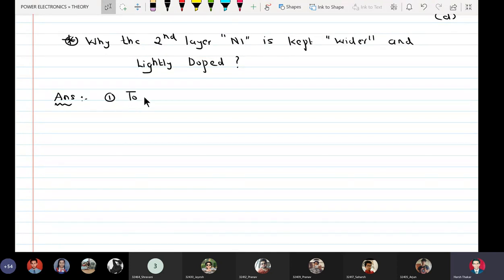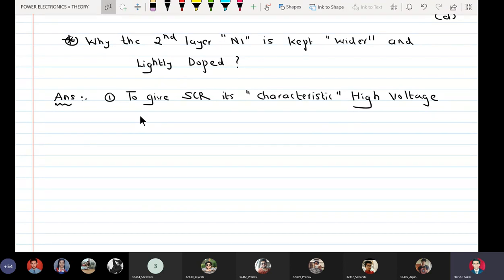The first reason is to give SCR its characteristic high voltage blocking ability, technically called as a breakover voltage, equal to 600 volts.